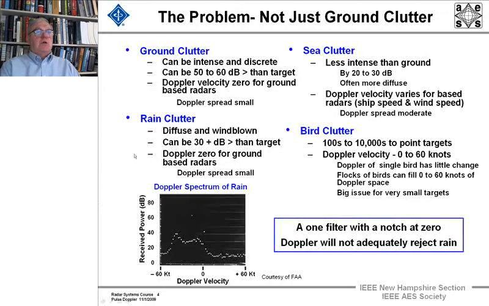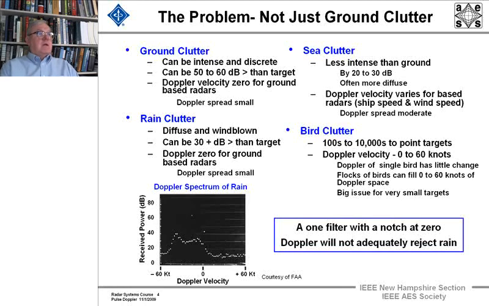Okay, now let's just go back. We looked at MTI radars in specific, and we found out that you could indeed suppress ground clutter pretty well if you had A to D converters with wide dynamic range and very high sample rates, but they were high-pass filters, and they'd have a difficulty with clutter that had a spread to it.